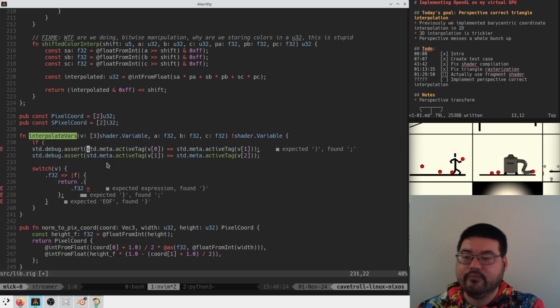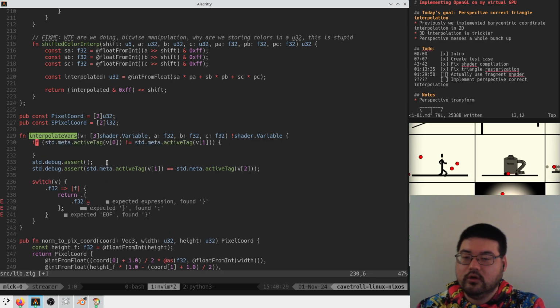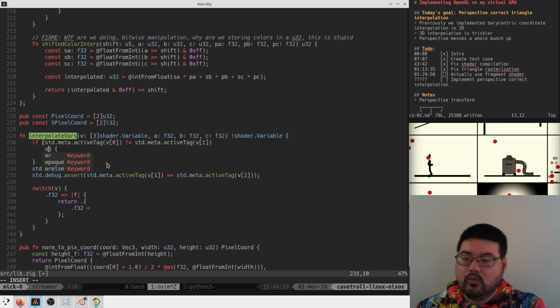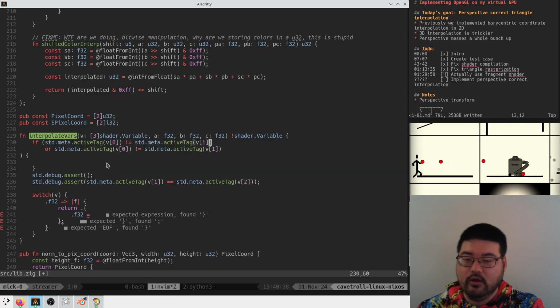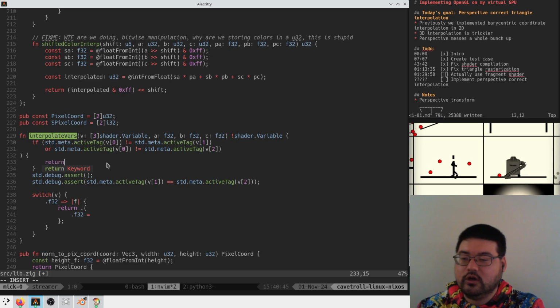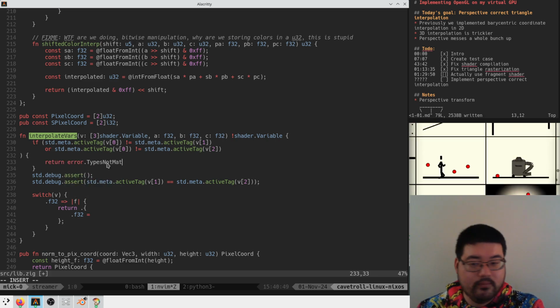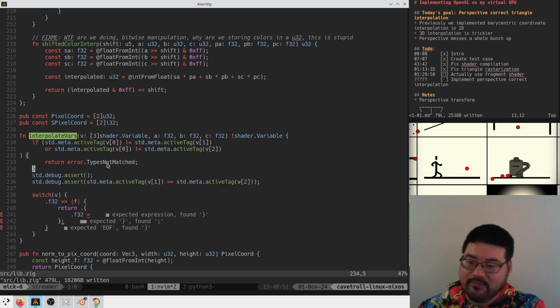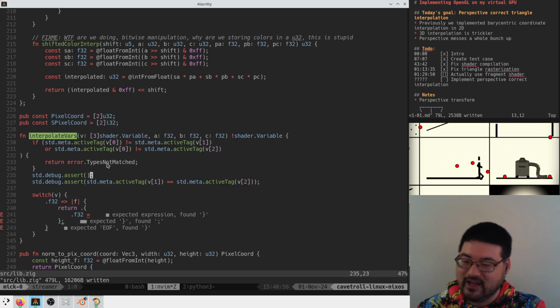So if this is not equal to this, or we do the same thing with 1 and 2, or 0 and 2, fine, seems reasonable. Return error types not matched. Thank you, two-step. Sorry, I didn't read your answer before I guessed it right, but I appreciate the help either way.